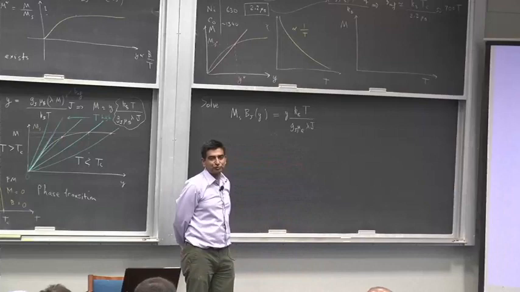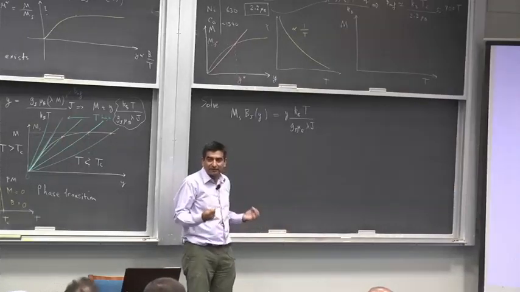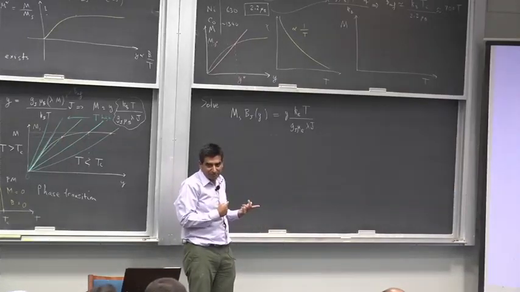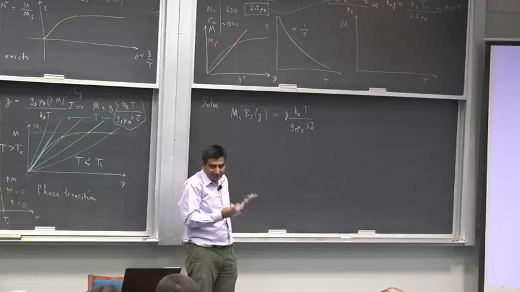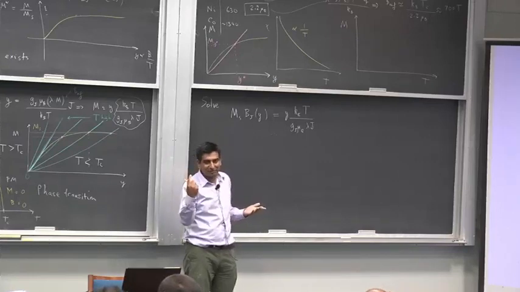Correct? You would like to solve this equation for y. You would like to find out the y, the solution of this equation for different values of temperature, by the way. Okay? And then we would like to find the corresponding magnetization.